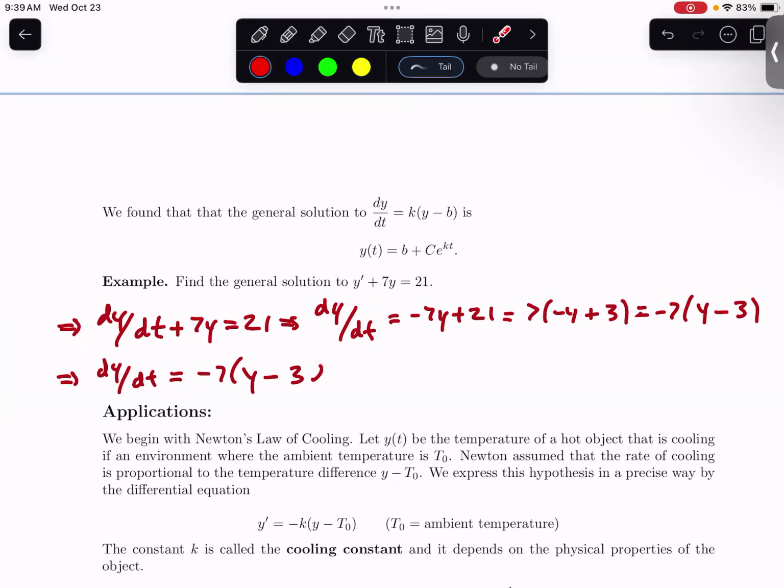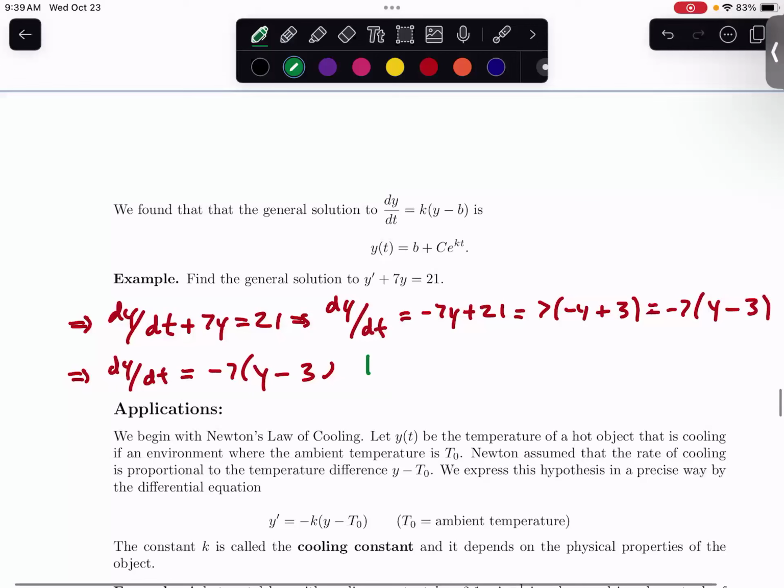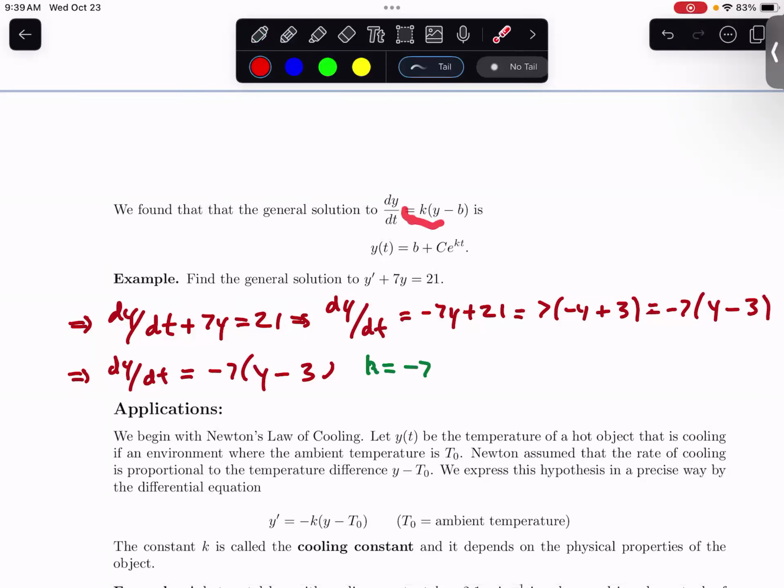We have something of the form where k is equal to minus 7, referring to this equation that we have here, and then b is equal to 3. And so now it's just a matter of plugging terms in.